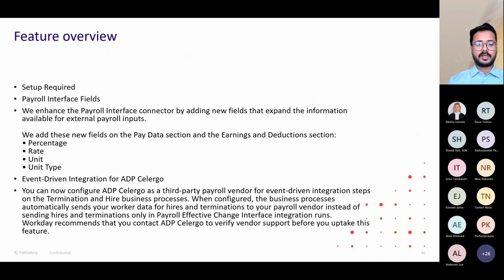Then we have event-driven integration for ADP Celergo. ADP Celergo is a payroll vendor, and this is an event-driven integration step. So we cannot do much in our system, but rather under the ADP system. But this is a new feature which enables ADP to configure.